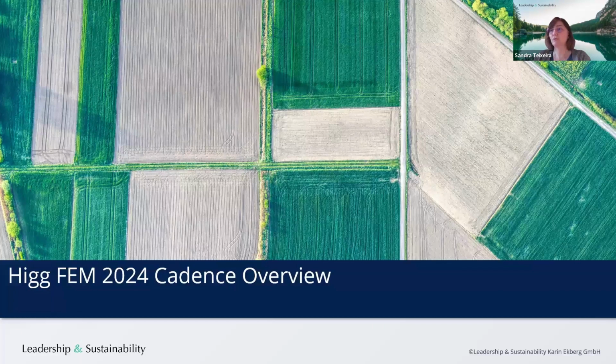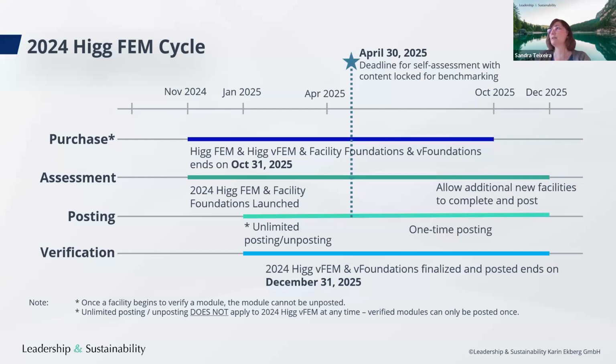Again, looking into the FEM 2024 cadence overview, here we can see a reminder of when you can purchase your modules, which are available from November 2024 until October 2025. This is the period to purchase your modules. Then the self-assessment can be done from November 2024 until December 2025.